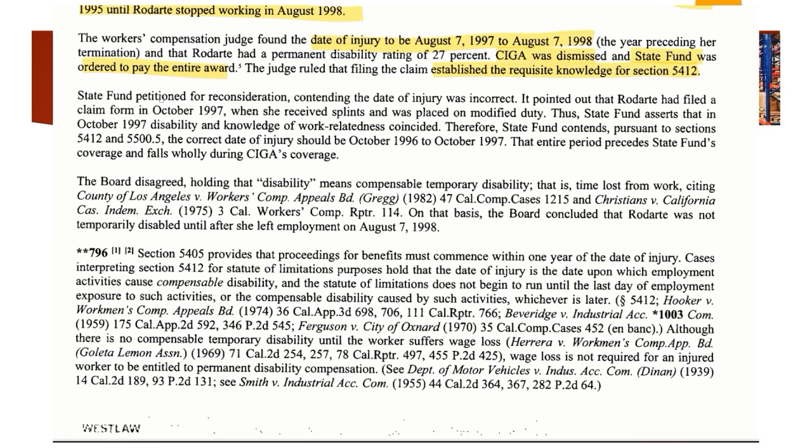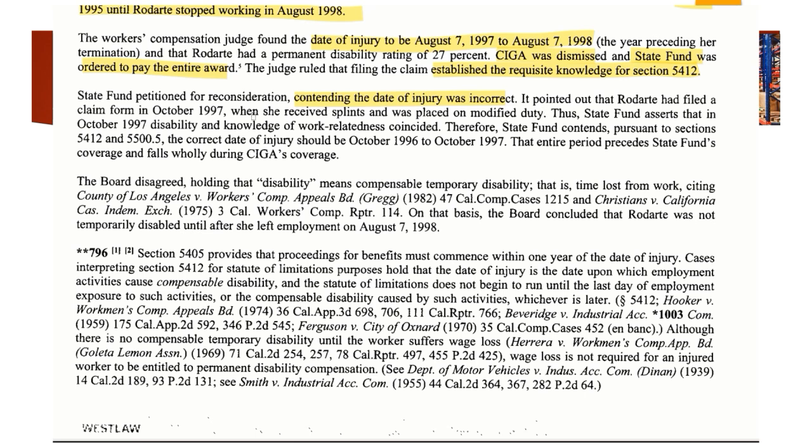So State Fund petitioned for reconsideration, contending that the date of injury was incorrect. State Fund pointed out that Rodarte had filed a claim form in 1997 when she received splints and was placed on modified duty.